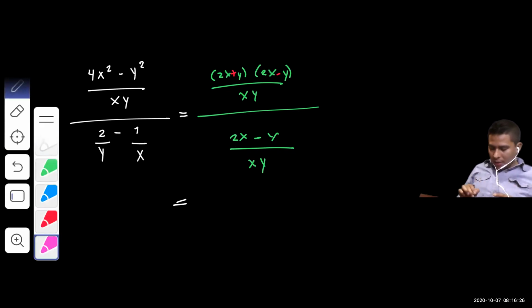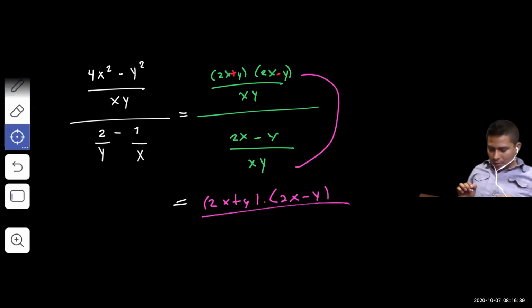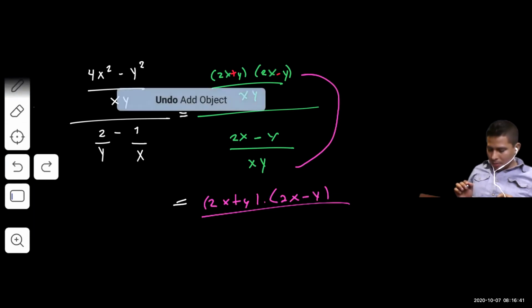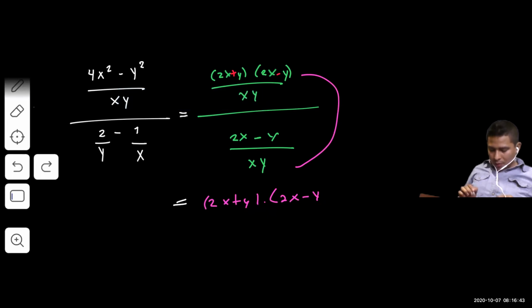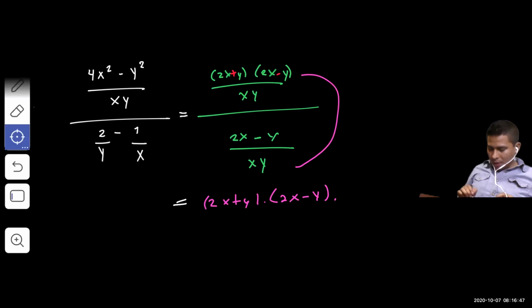Let's try to use that. This multiplying this, what is that equal to? 2x plus y, the numerator, multiplying 2x minus y. Sorry, I'm forgetting something. Let me get back to this. Y, and multiplying what, guys? The xy, I was forgetting that.